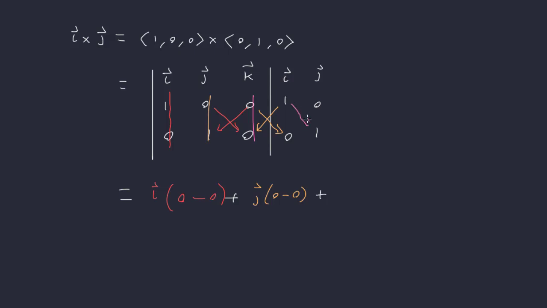Here we get 1 on the main diagonal and 0 on the opposite. So this comes out to just be k, or 0, 0, 1 as expected. And I actually recommend that you go back and do each one of these reversed just to make sure that you get the negative of what we got here.